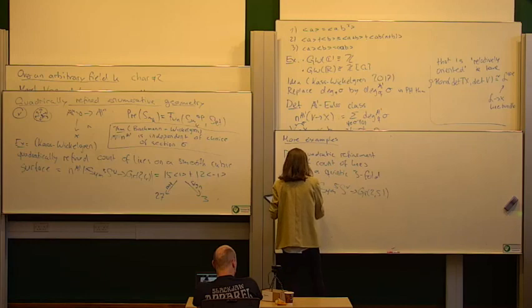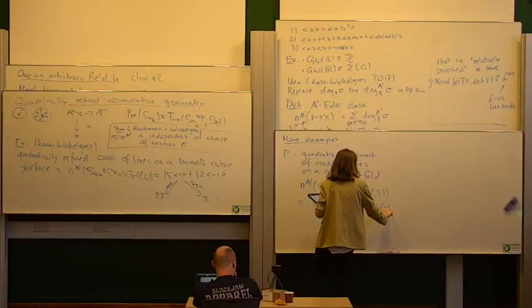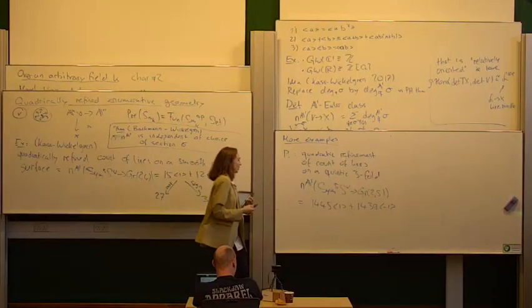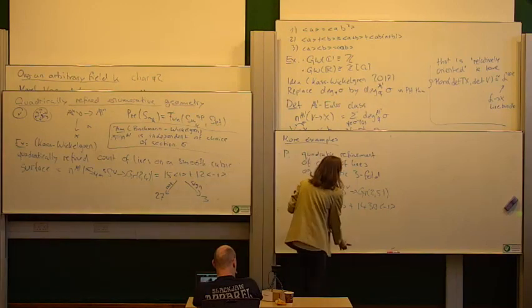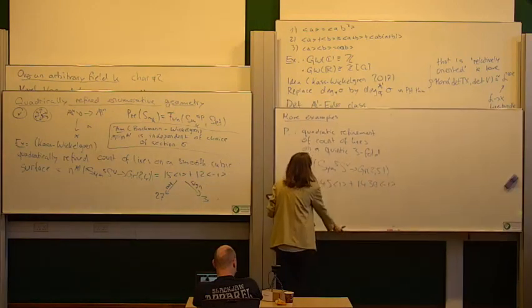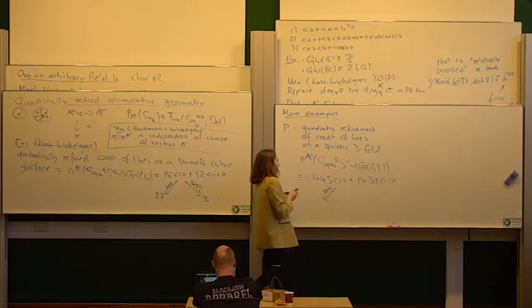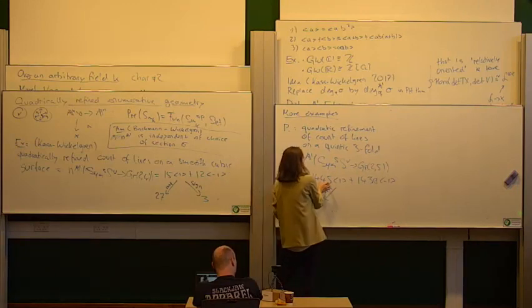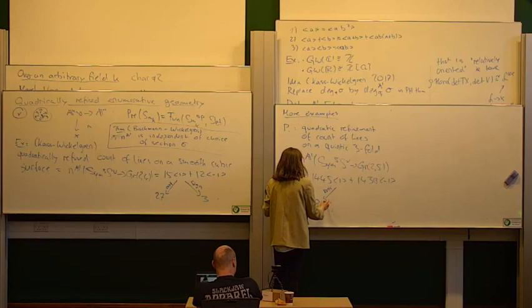And what I got is the following. I got 1,445 times 1 plus 1,430 times minus 1. And again, if you take the rank, which would give you back the complex count, you just sum up the 1,445 and the 1,430, and you get your 2,875 back.